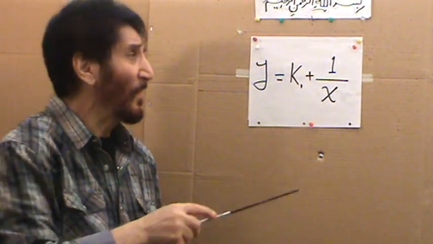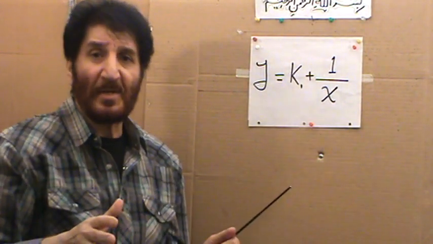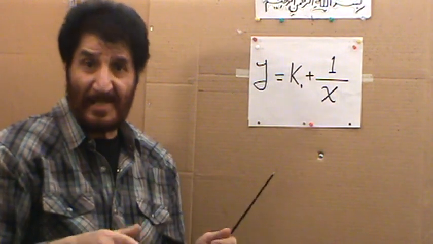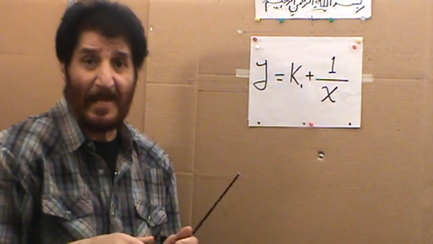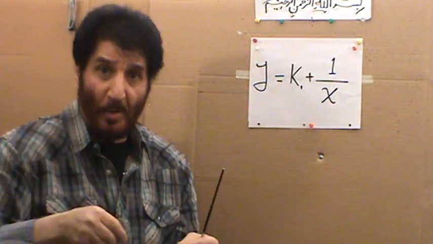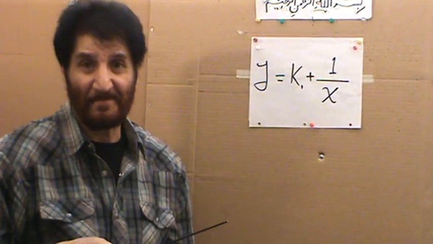The effect of that is that it doesn't distort or change the graph of 1 over x. The graph of 1 over x remains the same. The k1 will take it either up or down depending on whether k1 is positive or negative. This graph moves without distorting, without making it skinnier or fatter.